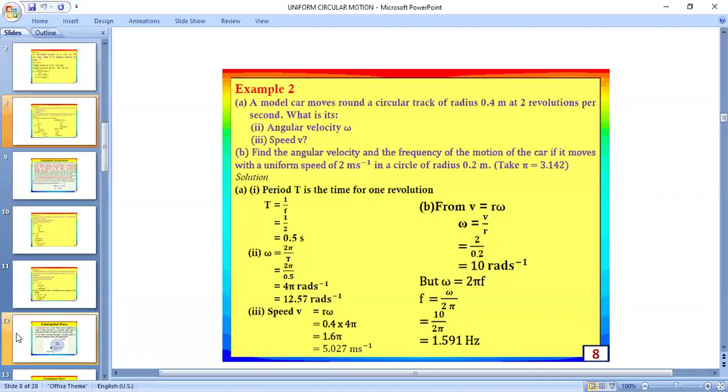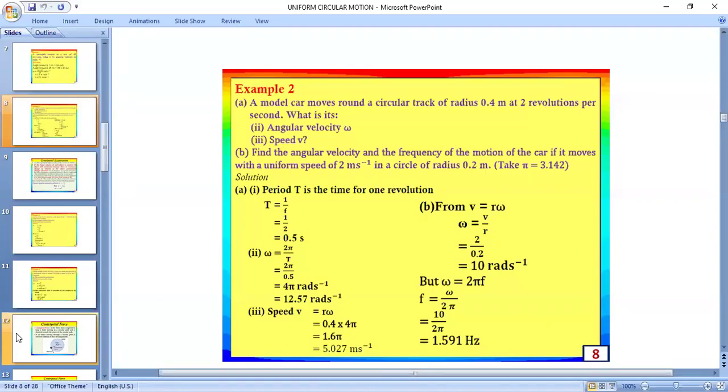Therefore, the answer would be 5.027 meters per second. So that's the linear velocity v, 5.027 meters per second.